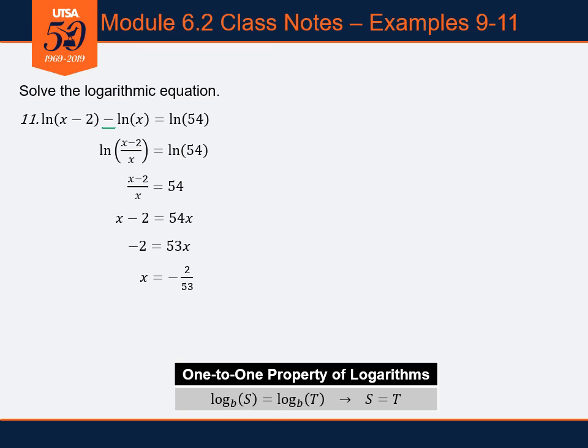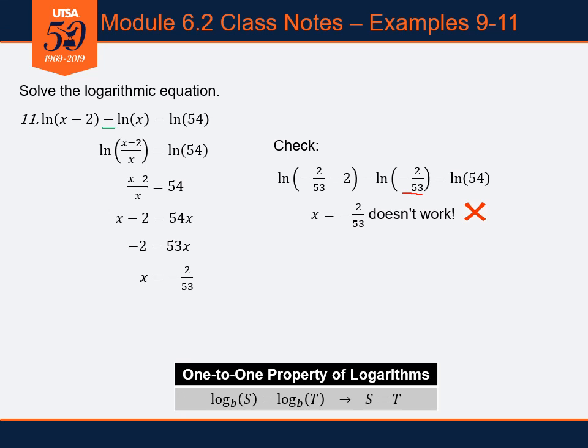Now we need to check that answer. Plug negative 2 over 53 in for x. So we've got the natural log of negative 2 over 53 minus 2 minus the natural log of negative 2 over 53 equals the natural log of 54, and we want to check to see does that work. And no, it doesn't, because we've got the natural log of a negative number, and we can't take the log of a negative number.